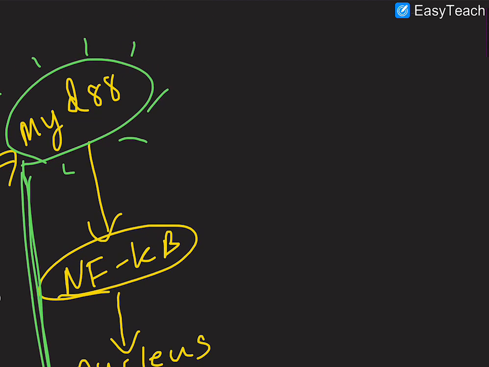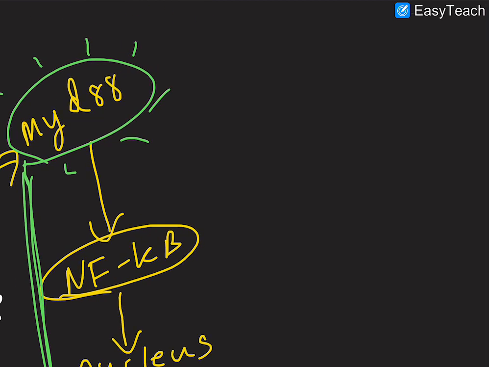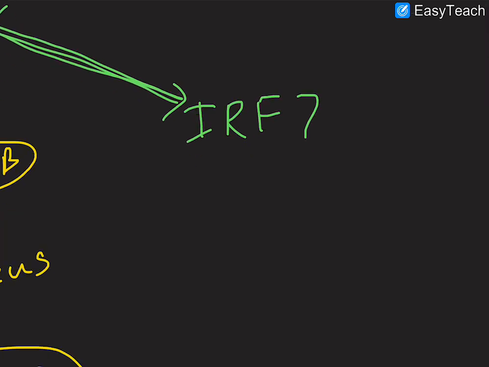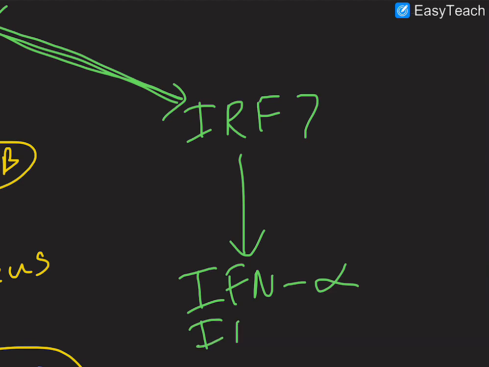But what also happens is when MyD88 gets activated due to toll-like receptor 7 and 8 activation, then this also leads to the activation of a molecule called IRF7, okay? And then IRF7 leads to the production of interferons, or type 1 interferons. So it's going to lead to the production of interferon alpha and interferon beta.